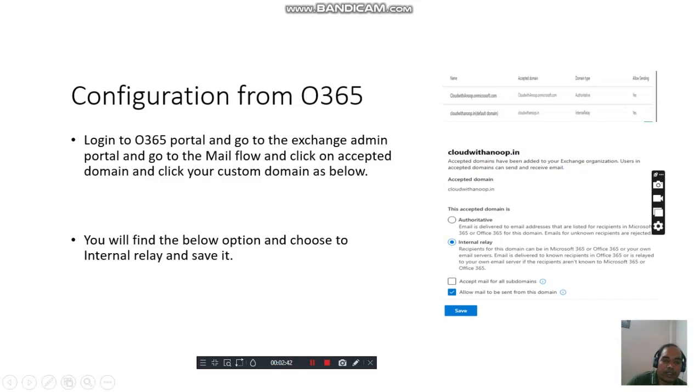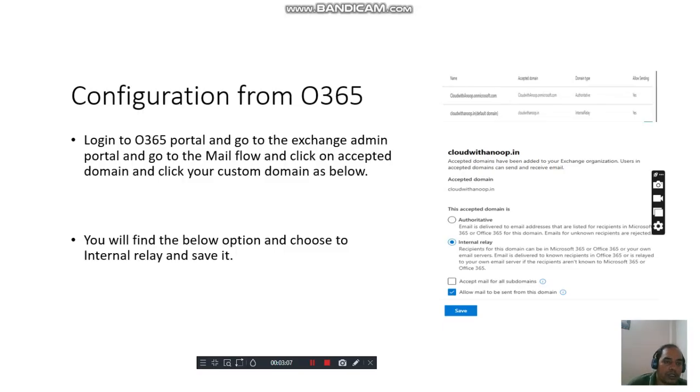As you can see, under Accepted domains there are two options. Authoritative means, as the definition below says, email is delivered to email addresses that are listed for recipients in Microsoft 365 or O365 for this domain.